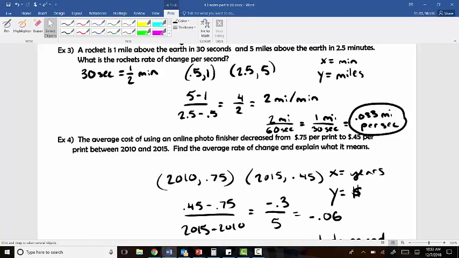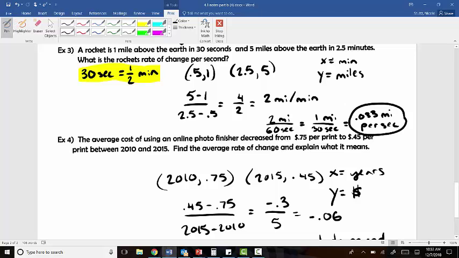Okay, so for number 3, there was a lot of opportunity for mistake here, and we do that on purpose so we pay attention to details. The first thing you need to realize is we're talking about minutes and seconds, and we want these to be the same. So I converted my seconds into minutes. So now I have the same units. The other way they tried to trick you was they reversed the ordering of your ordered pairs.